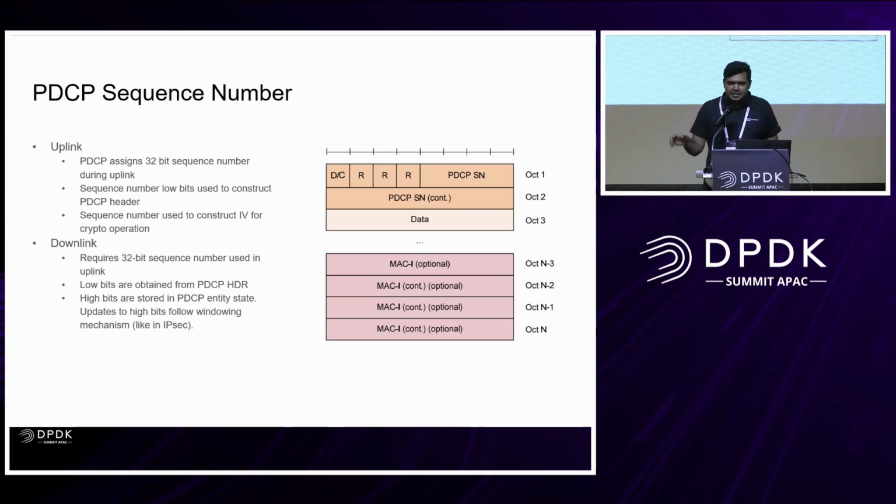It has a windowing mechanism to figure out the exact high bits. We will cover that some time later. But for this discussion, the low bits are in the packet, and the high bits come from the stateful context that is stored in the transmitting entity side.